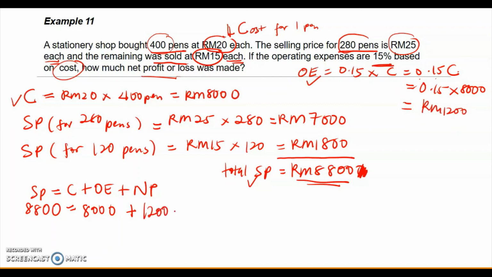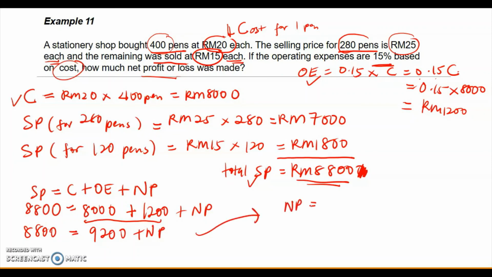So plus 1,200 plus the net profit. So 8,800 equals, you can add these two, 8,000 plus 1,200 is 9,200 plus NP. Now, NP equals 8,800 minus 9,200. So negative 400.